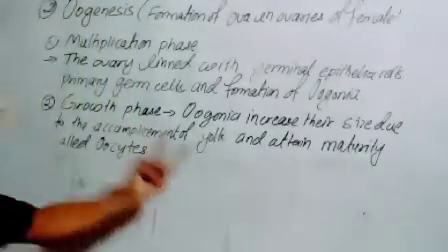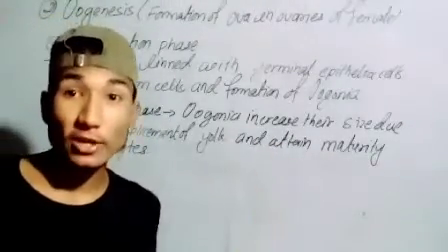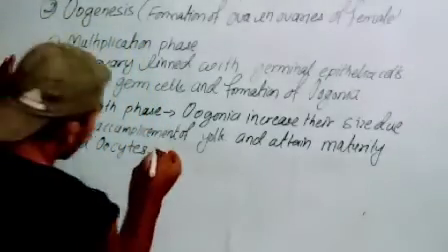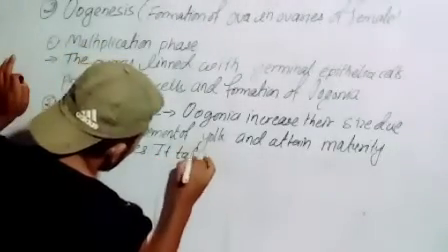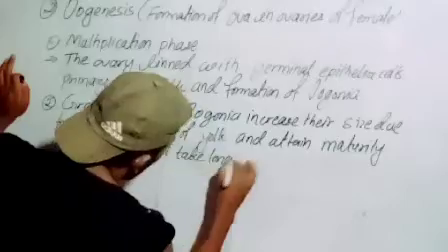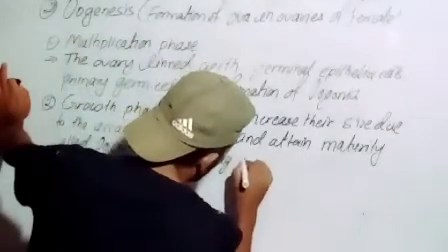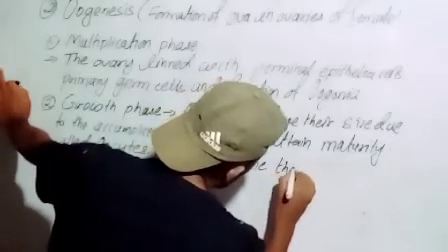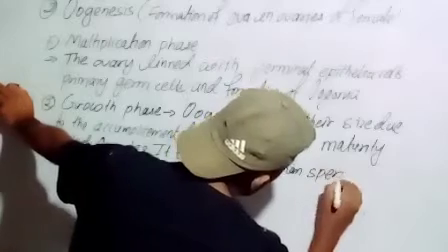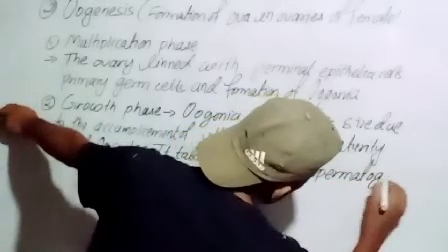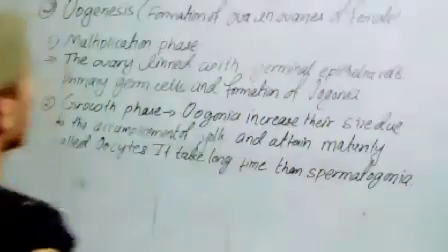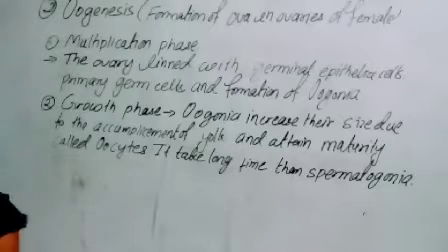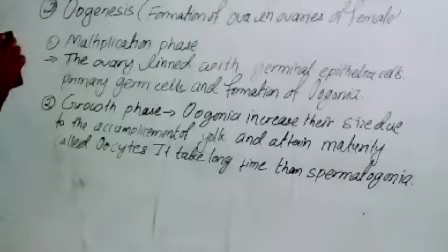I repeat, it takes a longer period of time than the spermatogonia process. It is the second phase, along with the multiplication phase and the growth phase. You can note it.